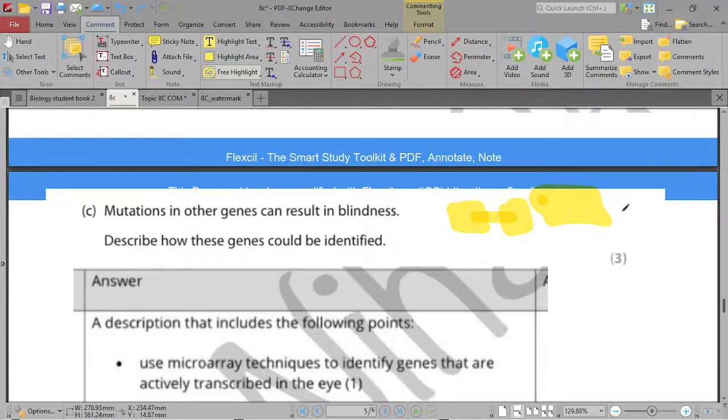We can identify the transcription or the activity of many genes in healthy and mutated cells.